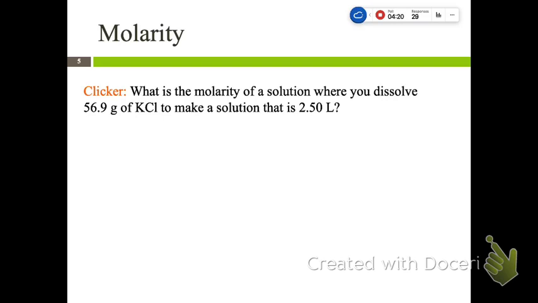All the molarity means is moles of KCl over 1 liter. Liters are going to be on the bottom because it's moles over liters. We got the same answer.